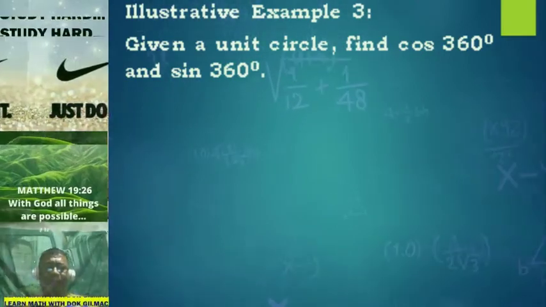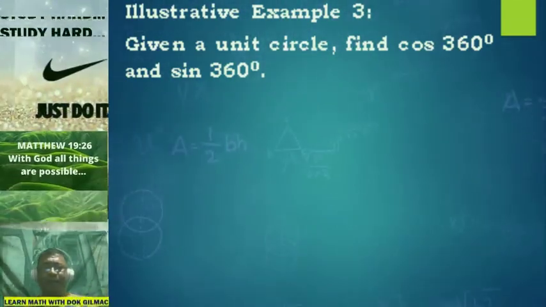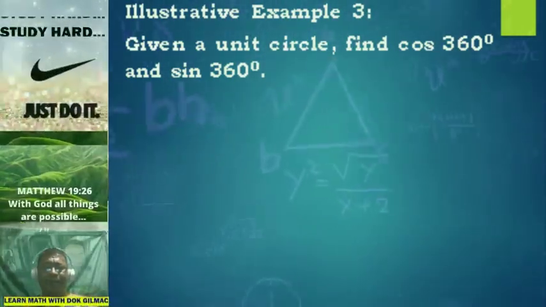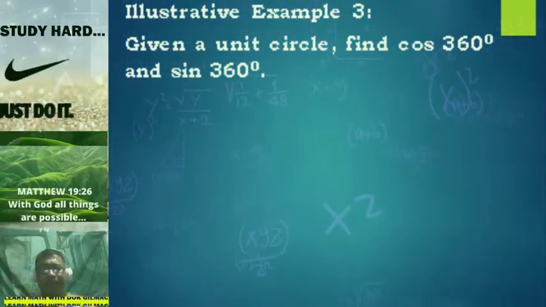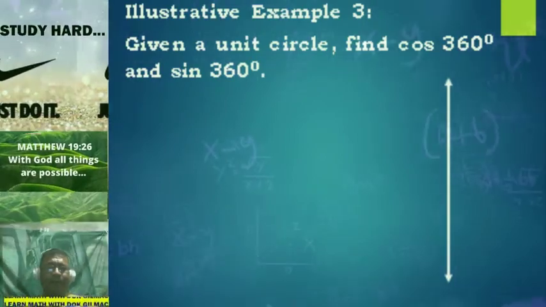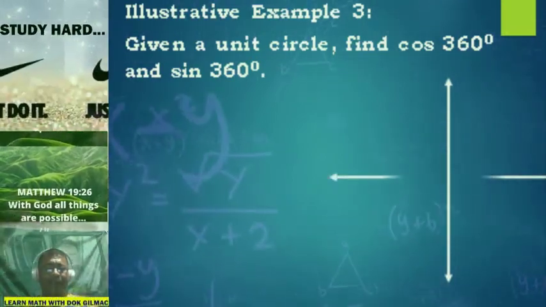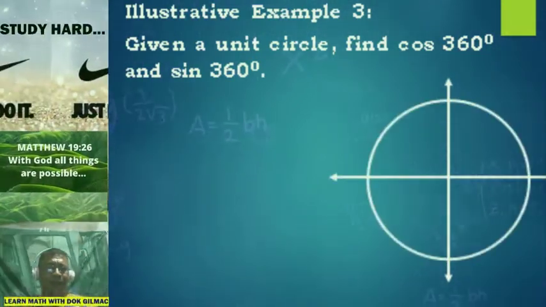Consider illustrative example number 3. Given a unit circle, find cosine 360 degrees and sine 360 degrees. Consider again the graph here. So we have the x and y axis and the unit circle.